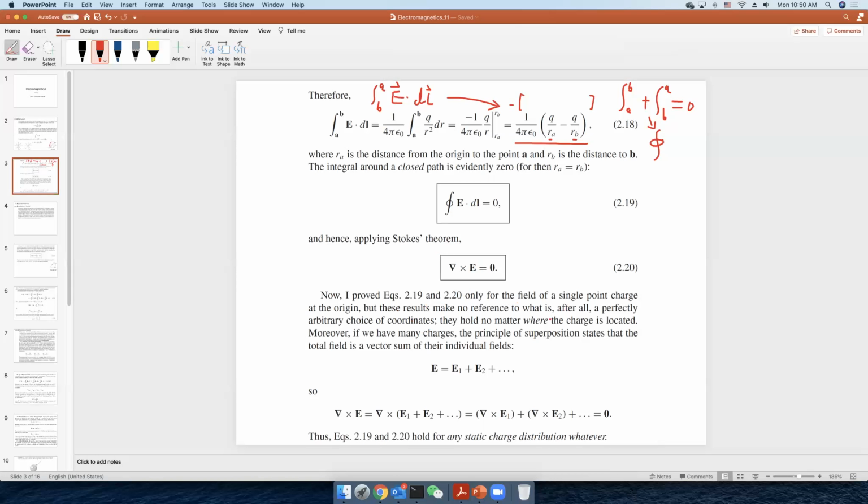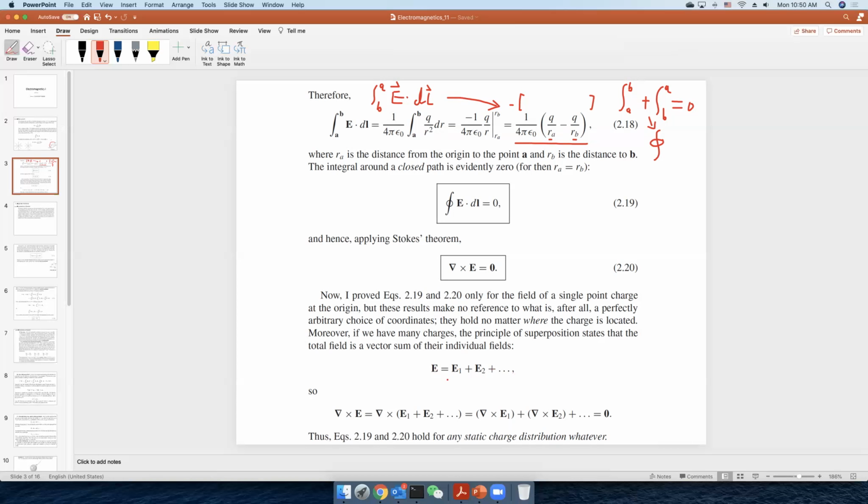And if there is more than one charge, we know the electric field could be calculated by the sum of the electric fields generated by each of the charges, which is E equals E1 plus E2 plus E3. So E1, E2 mean the electric field generated by Q1, Q2.